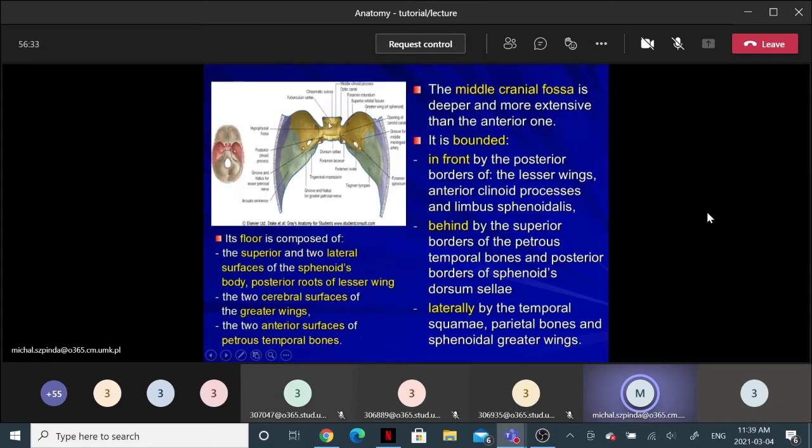Just here, we can see the middle cranial fossa. One element is missing here. Here should be added the posterior root of the lesser wing and the optic canal above it, which belong to the middle cranial fossa.